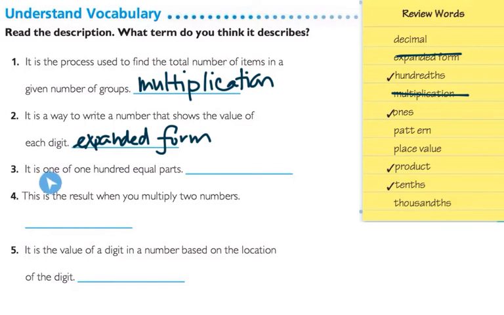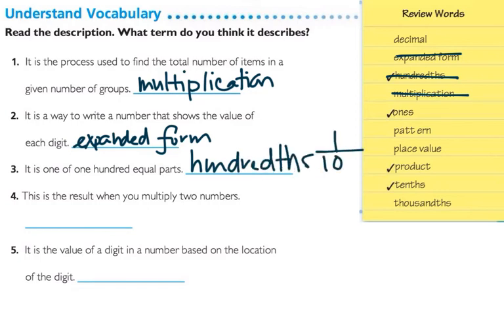Three, it is one of 100 equal parts. Well, boys and girls, we worked a lot with that in the last chapter, and we know that would be hundredths. And remember, that would visually be represented as a hundredth as a decimal. Four, this is the result when you multiply two numbers.